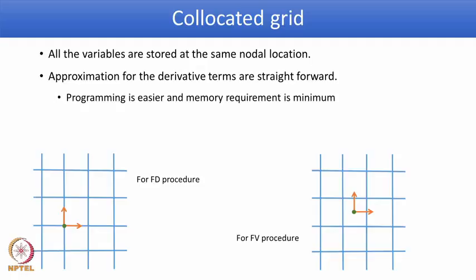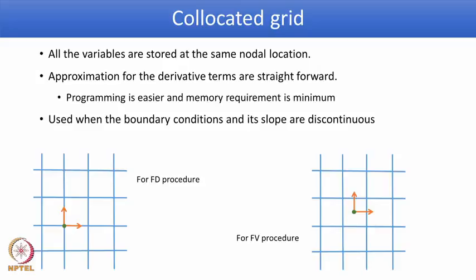Because you are using only the same location, delta x is also calculated only once and it can be stored, hence it is easier and memory requirement is minimum. It is used when boundary conditions as well as their slopes are discontinuous.